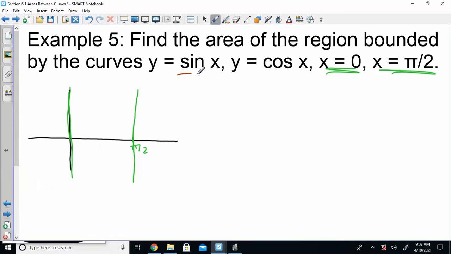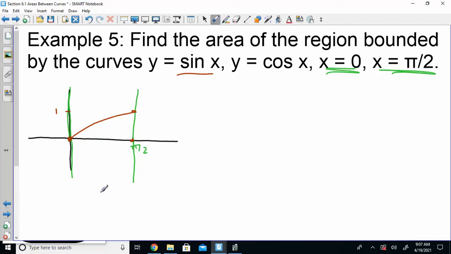Sine of x. So sine of 0 is 0. What's the sine of pi over 2, or the sine of 90? 1. So that curve, you could get more points, but it's really just a curve like that.